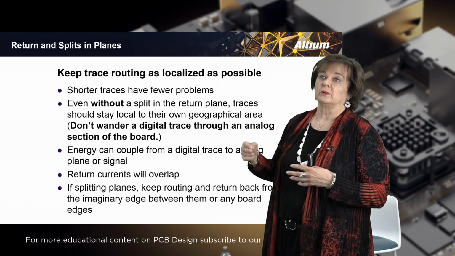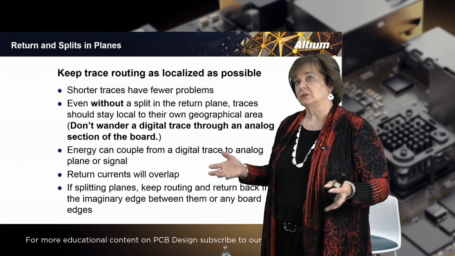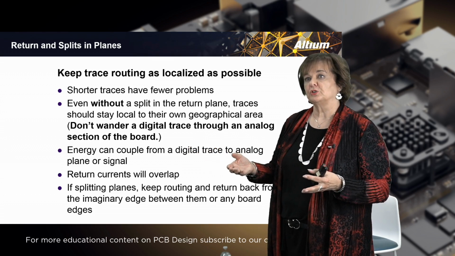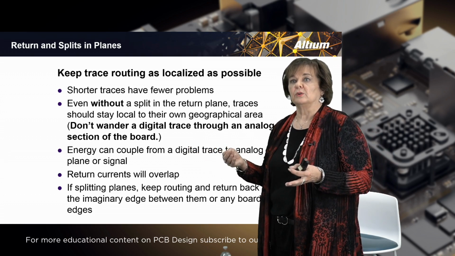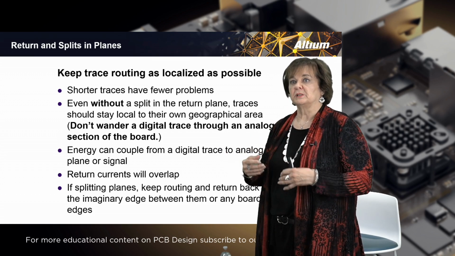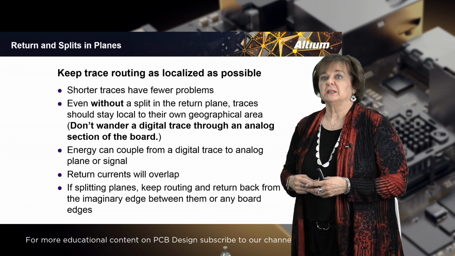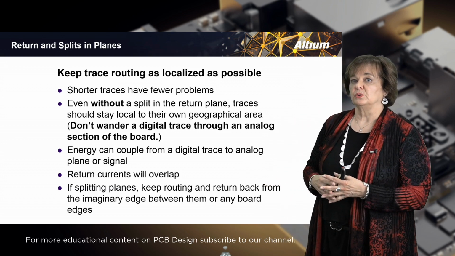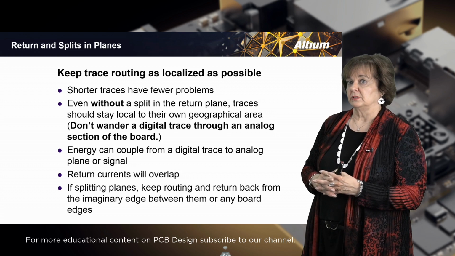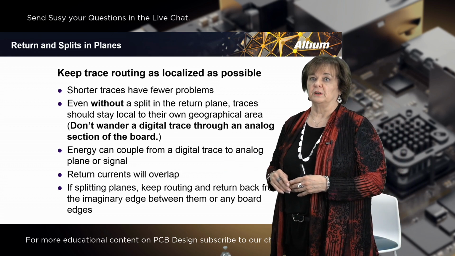You don't want to route a 3 V signal into a 5 V area, because you're intermingling the noise that is on their planes and their return paths, and you don't want any possibility of noise coupling from one thing to the other. Energy can couple from digital traces to analog planes and signals. You want to be sure you keep analog and digital very far apart from one another.